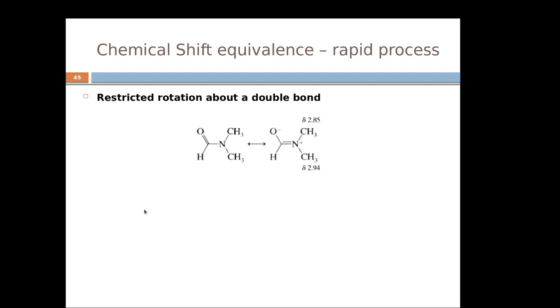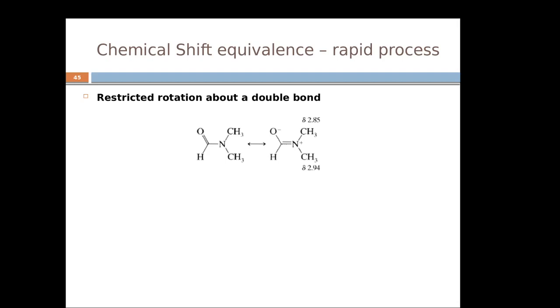Okay, another rapid process that could lead to chemical shift equivalence is rotation, a facile rotation about a single bond. But this rotation can be restricted when the single bond turns out to be a double bond in a conjugated or delocalized structure.